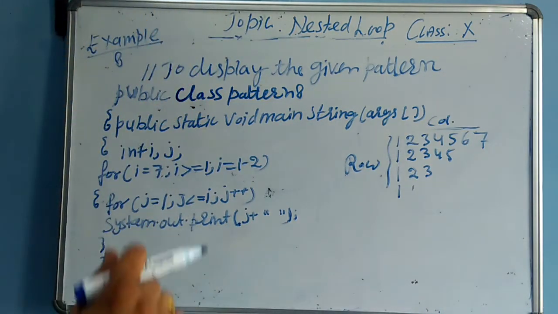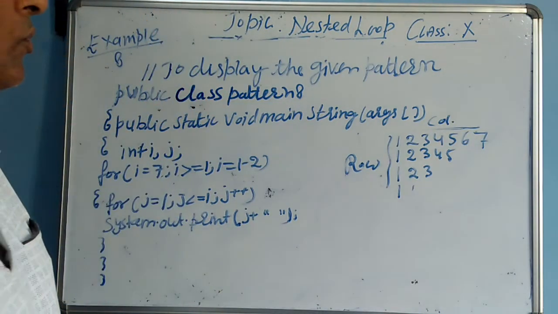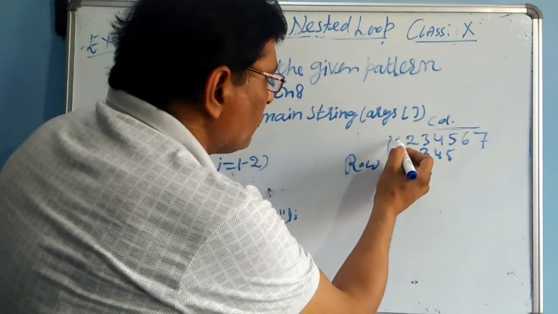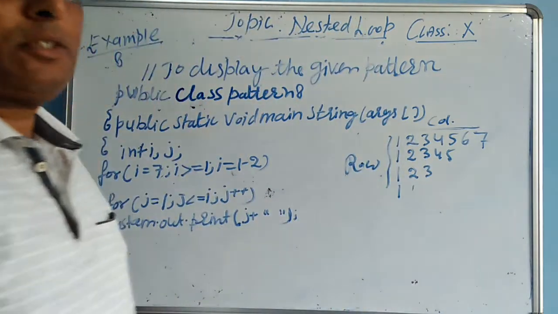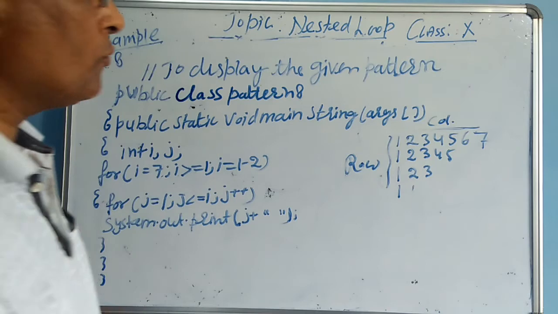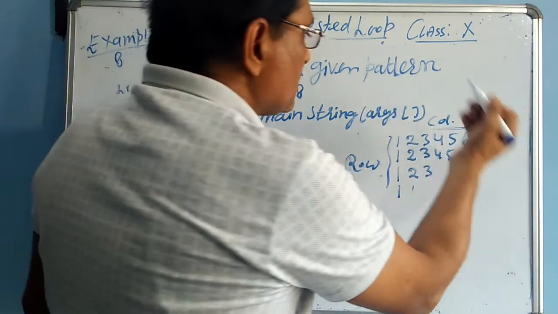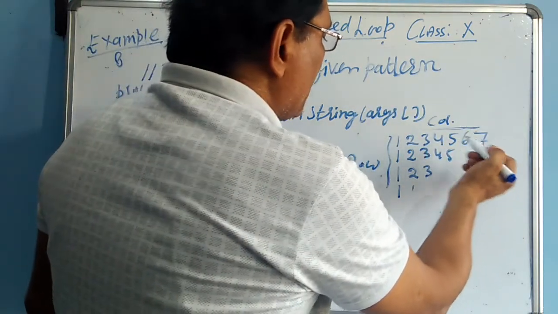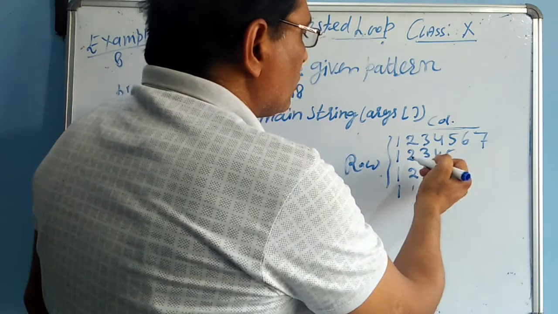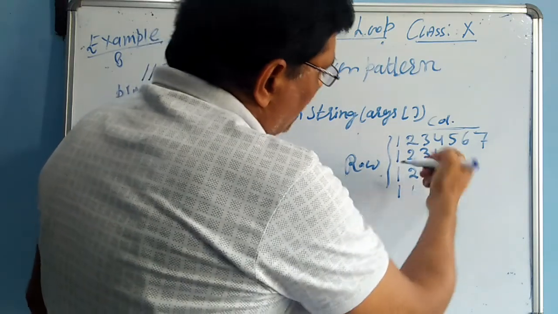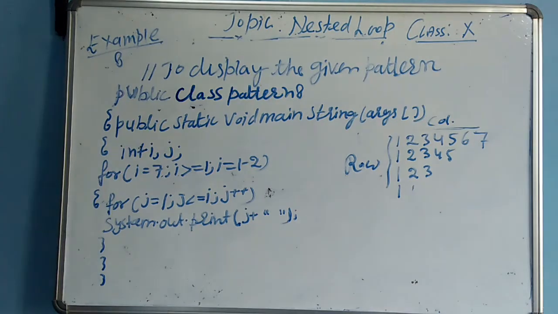It means the outer loop will move 4 times, and the inner loop will move first 7 times, then 5 times, then 3 times, and then 1 time.